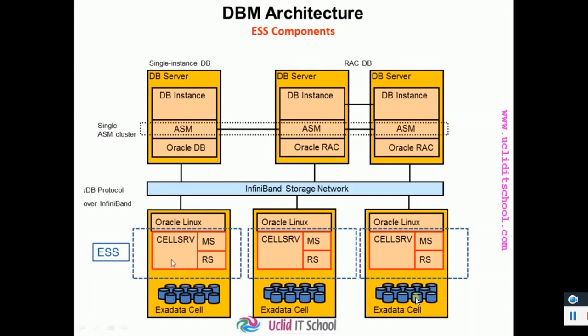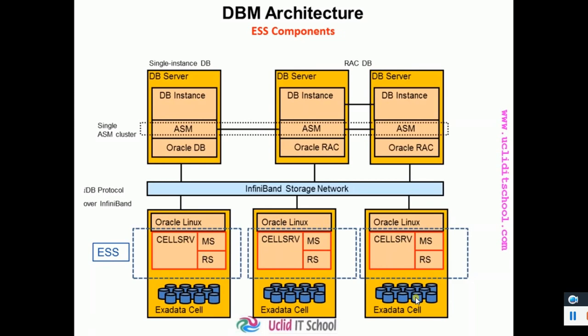Their names are cell server, then MS, which stands for management server, then RS, which stands for restart server. So these are the services or the background processes related to the storage server. Unlike a database server, it doesn't have many processes.